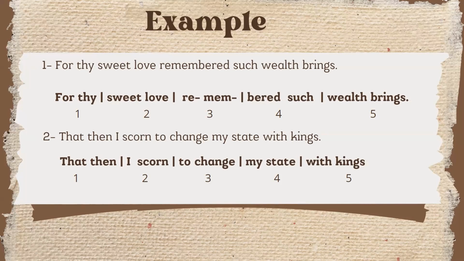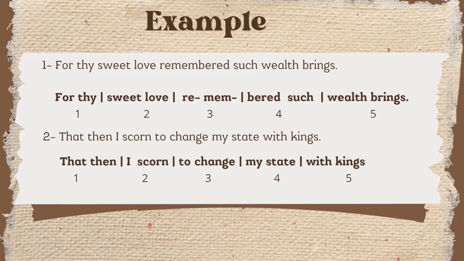As Ana explained before, you have to divide in syllables depending on the sound of the word. Firstly, we have "for thy," which will count as one foot because they are two syllables. "Sweet love" will count as another foot because they are two syllables.